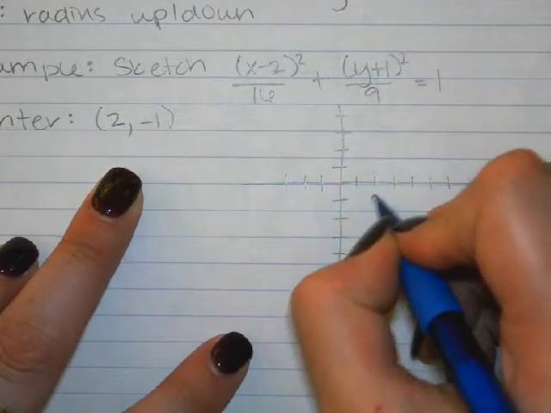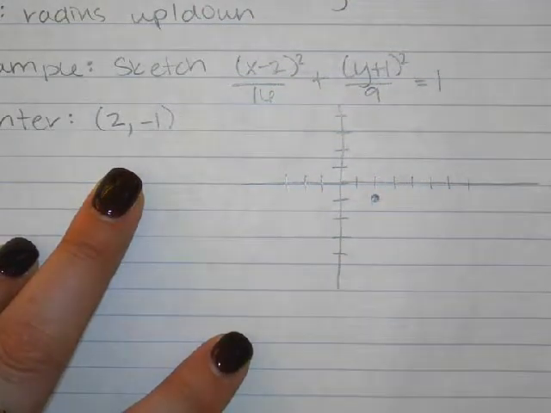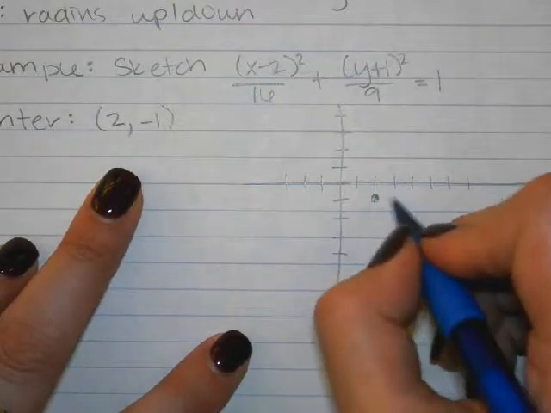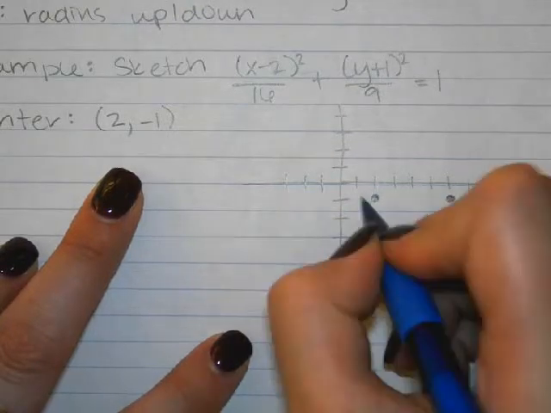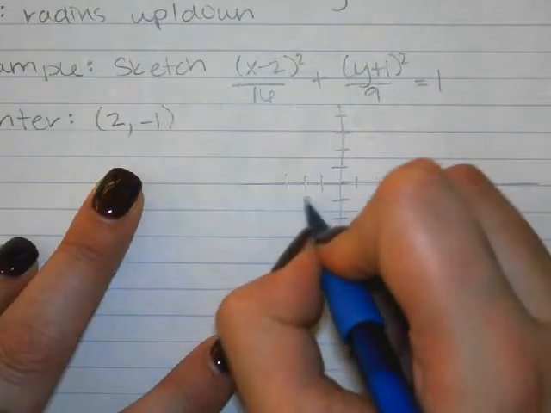So there's 2, -1. And from there, I'm going to go right 1, 2, 3, 4, and left 1, 2, 3, 4.